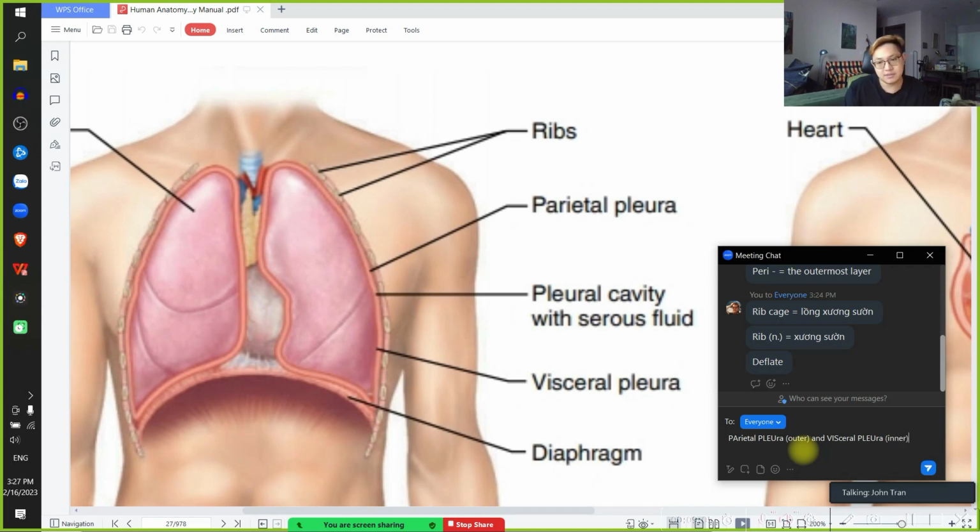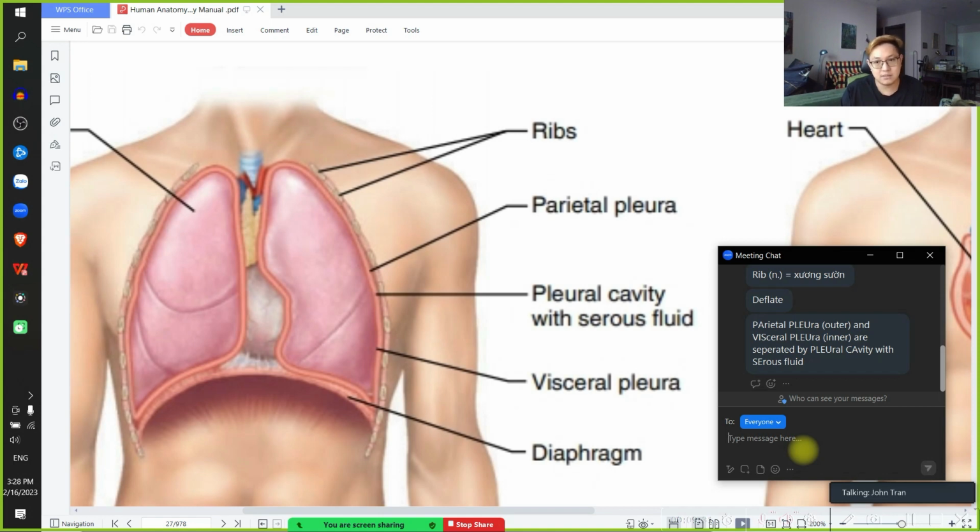Visceral means like inside, the inside membrane, the inner membrane. Are separated by pleural cavity with serous fluid.